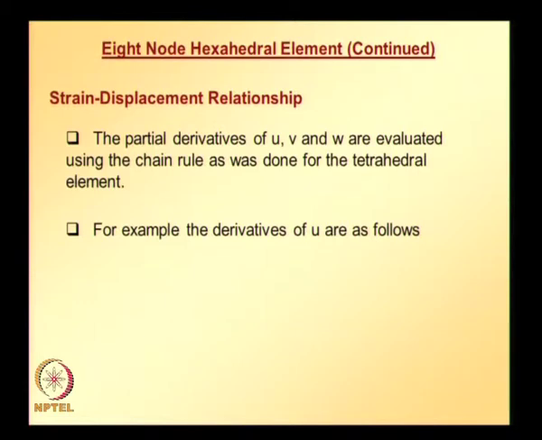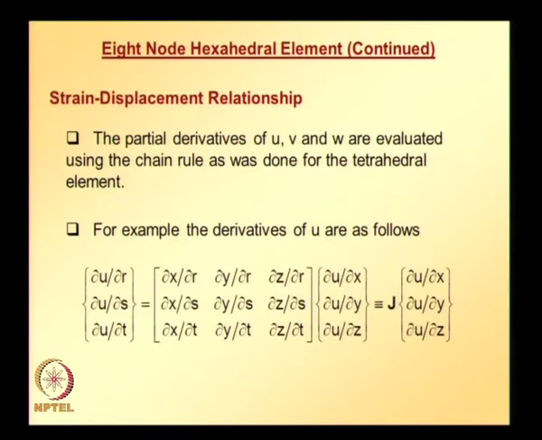For example, derivatives of u are written as follows. This equation gives partial derivatives of the displacement component along x direction with respect to R, S, T, and partial derivatives of displacement along x direction with respect to x, y, z. So, this is where we need the partial derivatives of x, y, z with respect to R, S, T.